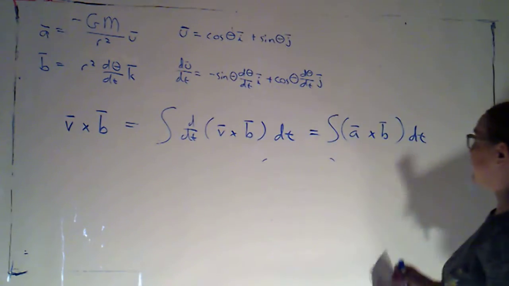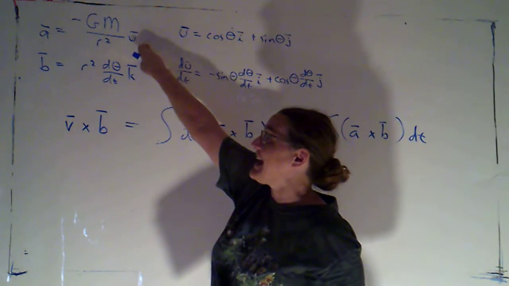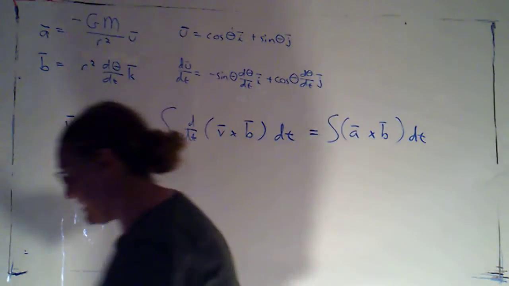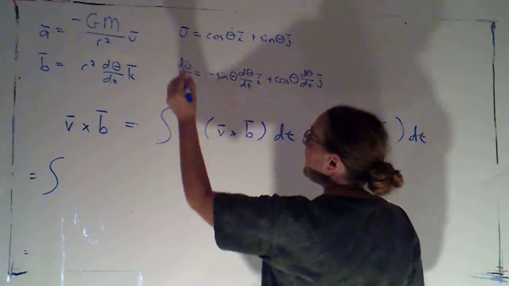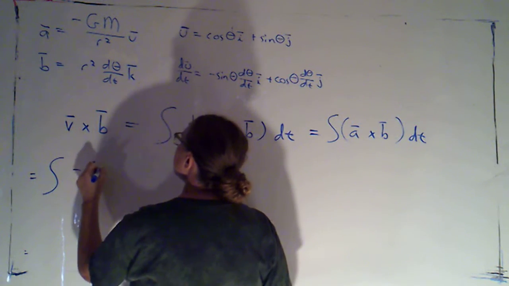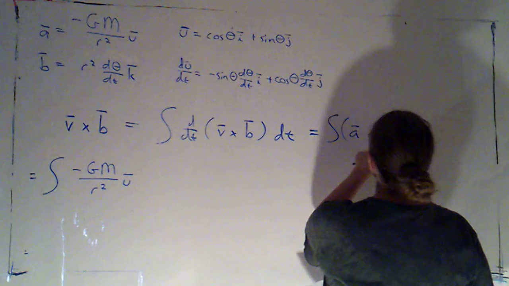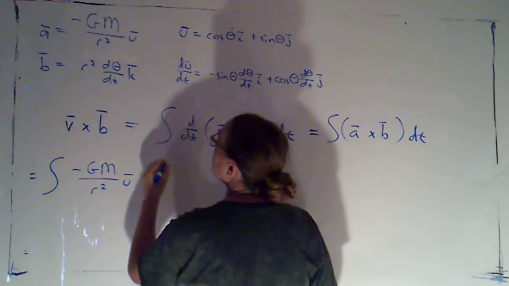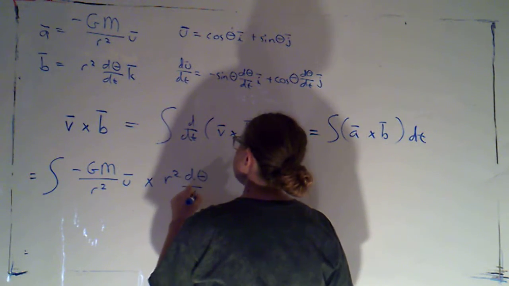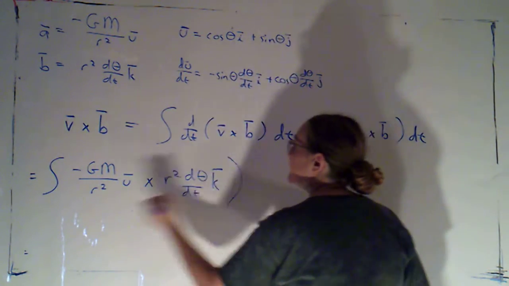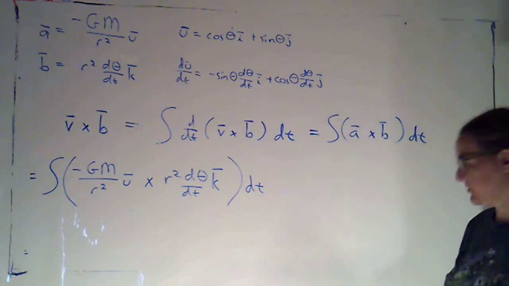Now here's where I'm going to take advantage of the fact that I've previously spent some time characterizing a and characterizing b. So I can say we're going to be integrating a, which was negative gm over r squared u, crossed with b, which was r squared d theta by dt copies of k. That's what we will be integrating.